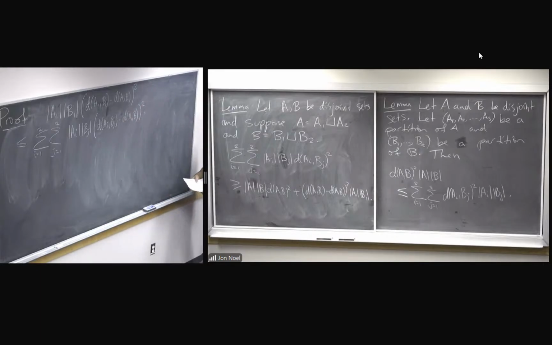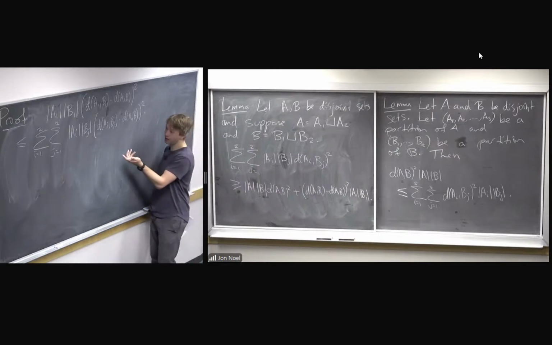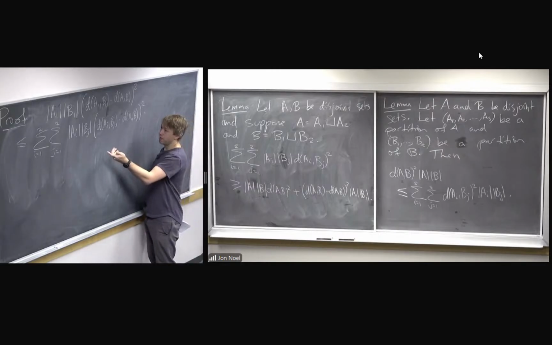Okay, the reason this inequality is true is because this term appears in this sum when i is 1 and j is 1. And then there's 3 more terms in this sum, all of which are non-negative, because squaring a number makes it non-negative.